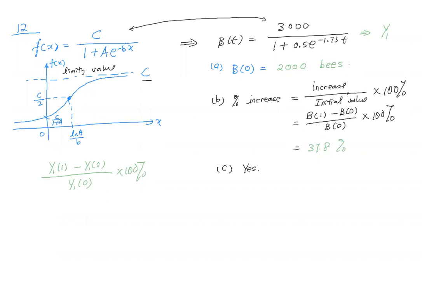So if so, what is it? So the limiting value is 3,000. Right? So that means the number of bees will not grow beyond 3,000.